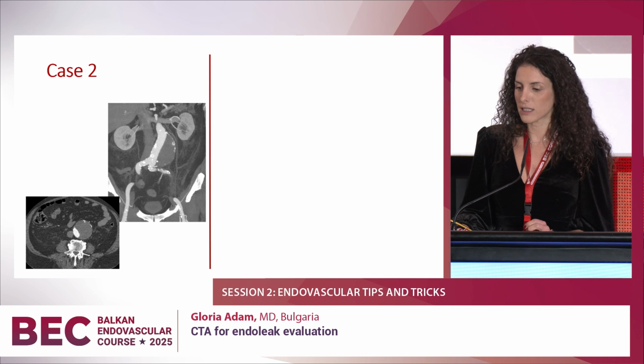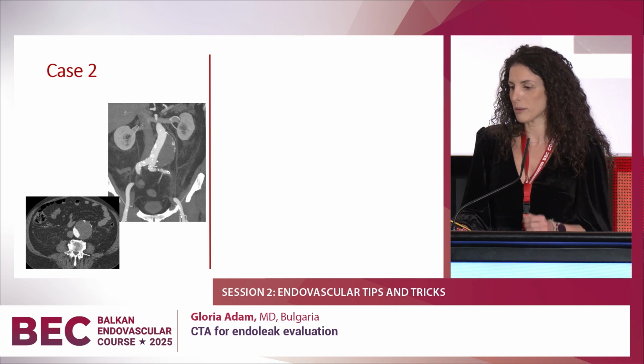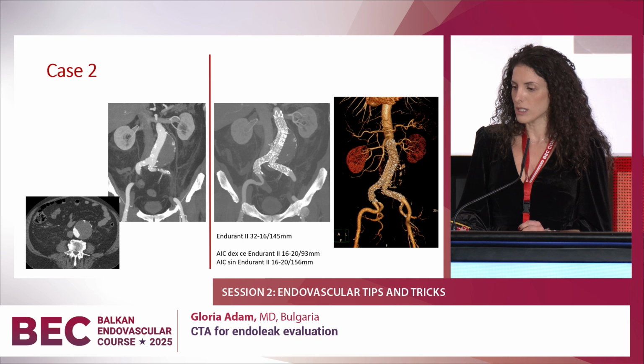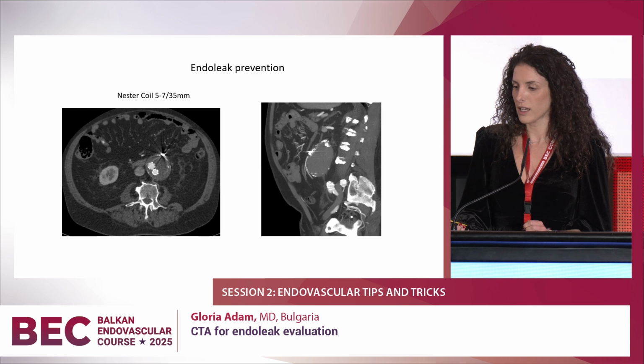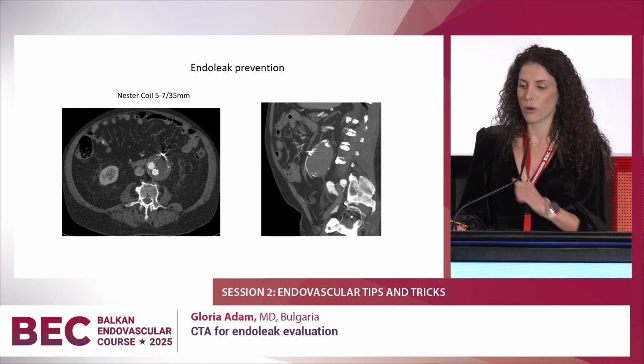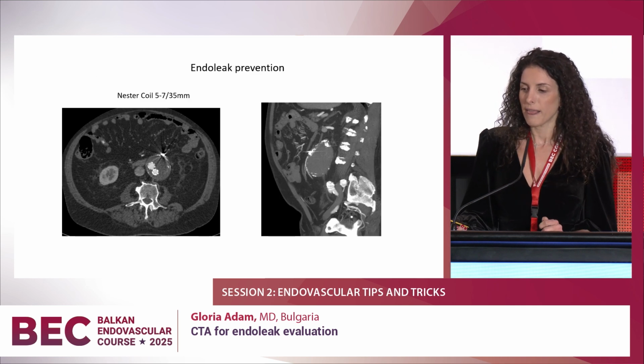This is a second case of abdominal aortic aneurysm infrarenally with peripheral thrombosis. The decision for treatment was with stent endurance with iliac extensions and follow-up CT. Also, there was placed like prevention for endoleak coil in the arteria mesenterica inferior.